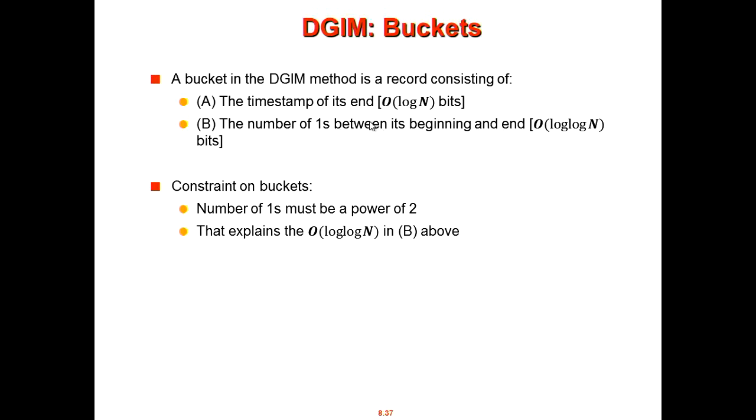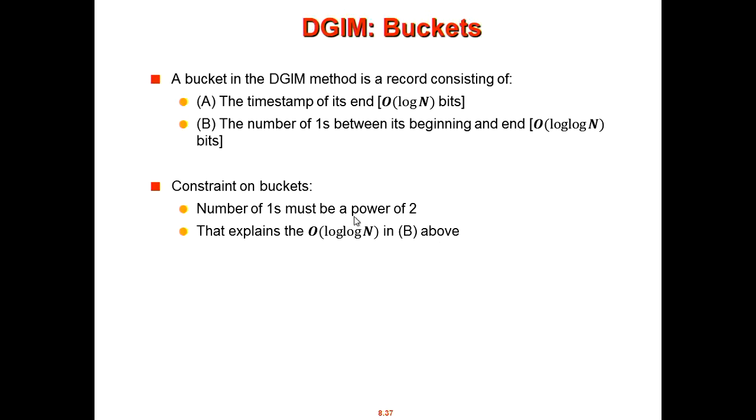This is the structure of this bucket: one time step and the number of ones. And for the constraint on buckets, the number of ones must be a power of 2: 1 one, 2 ones, 4 ones, 8 ones. That explains the O(log n) in B above.